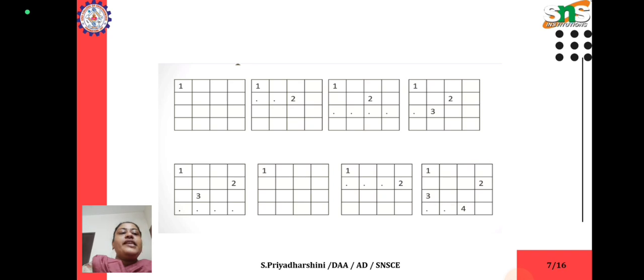When we place the queen in the first column of the first row and queen 2 in the fourth column of the second row, then we might place queen 3 in the second column of the third row. There is one solution so far, it is good.